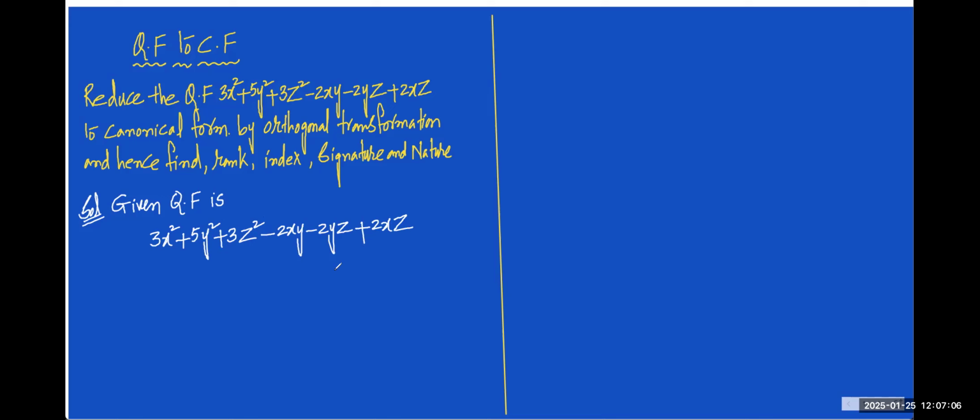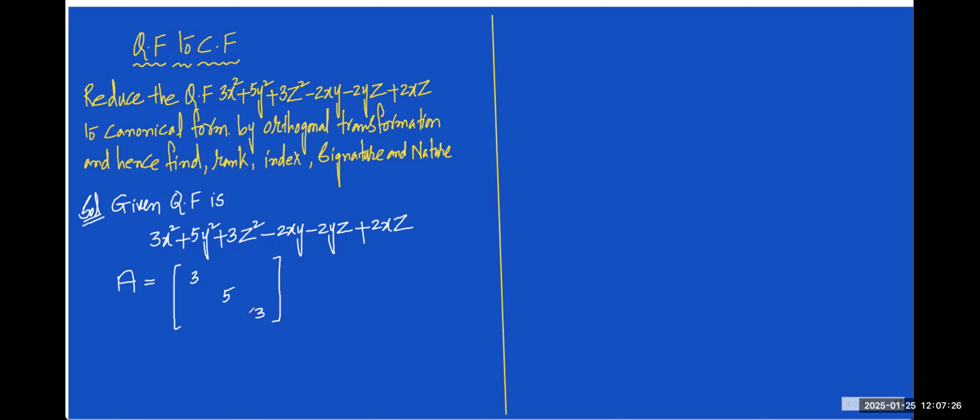Now I want to convert this to a matrix. Let us take that matrix to be A. Now be careful, look at how I am doing this conversion. The square terms should come on the diagonal: 3, 5, 3.